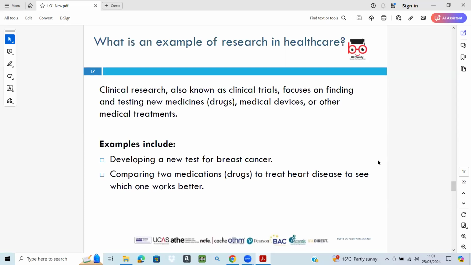These studies aim to determine which medication is more effective in managing heart disease, reducing symptoms, preventing complications, and improving overall patient outcomes. So these are the important aspects.